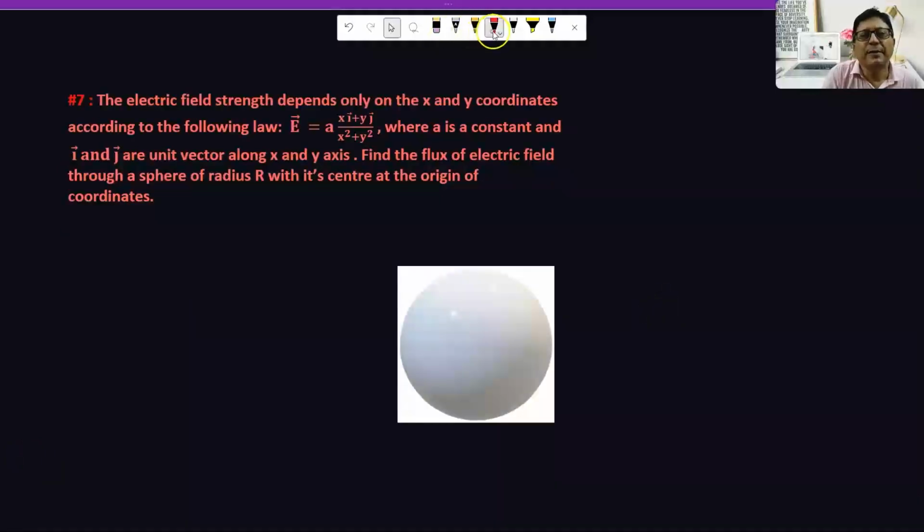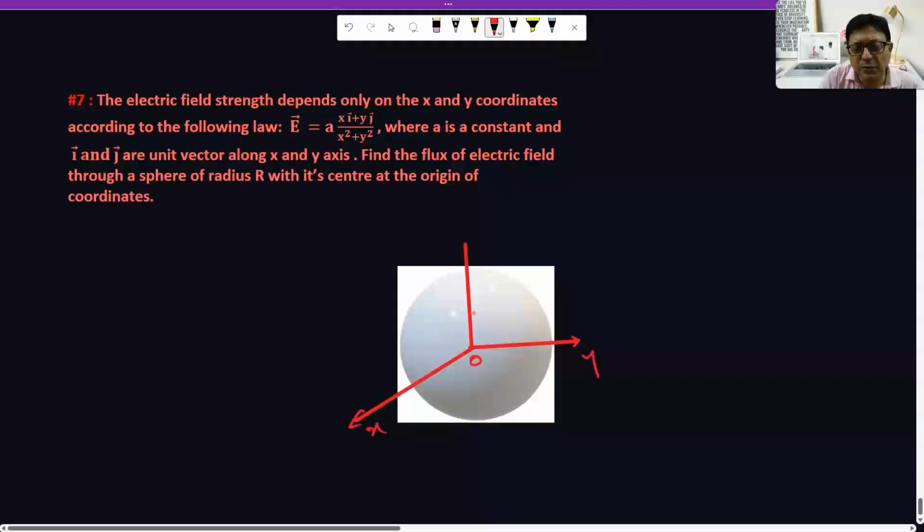So in this three-dimensional coordinate system, this is x, y and z.